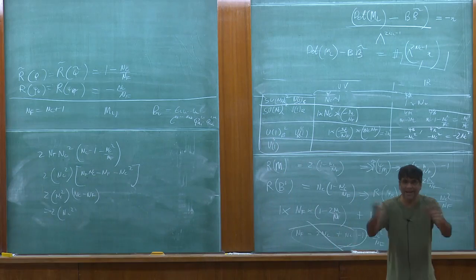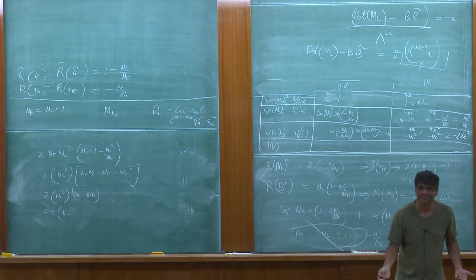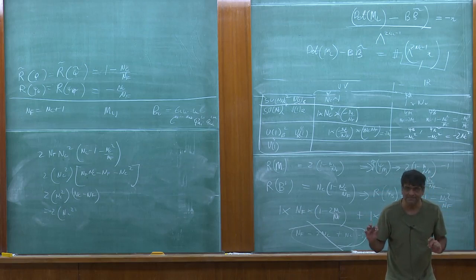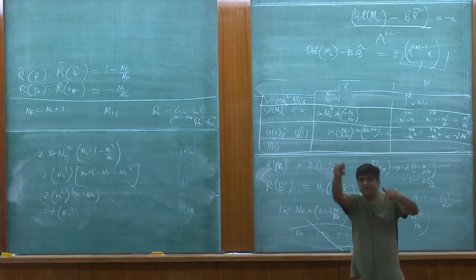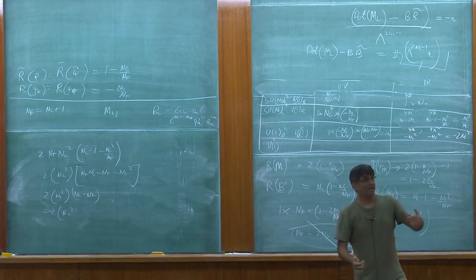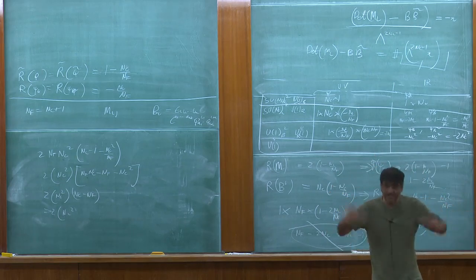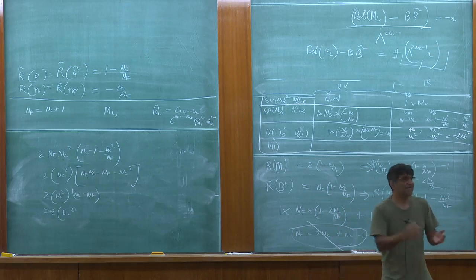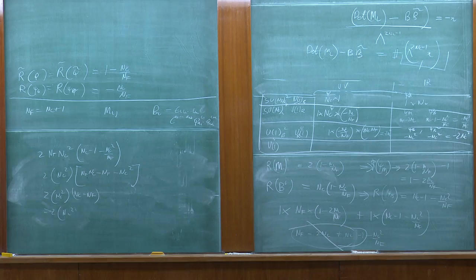We just have to count how many such fermions are running. Is this clear? All we're doing is computing a one loop diagram with fermions running. And if there are many different fermions, each of them contribute equally. So there's a fermion for B1, there's a fermion for B2, there's a fermion for B3, and there's a fermion for B up to Nf. Each of them contribute, that's why the factor of Nf. Is this clear?